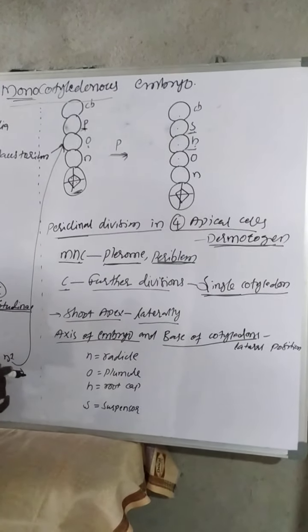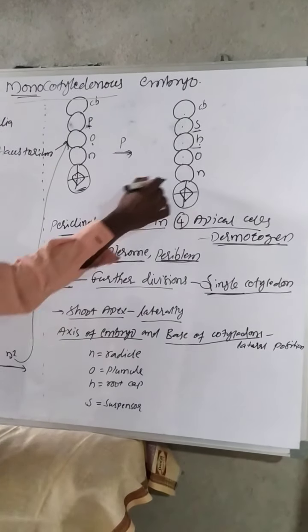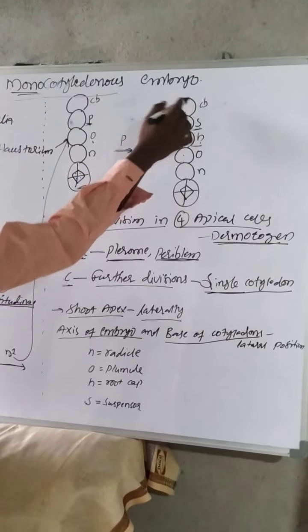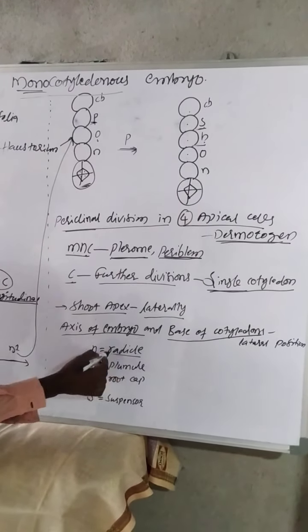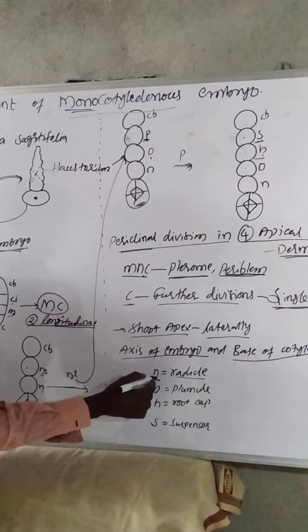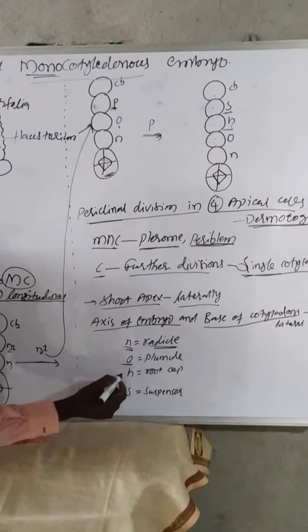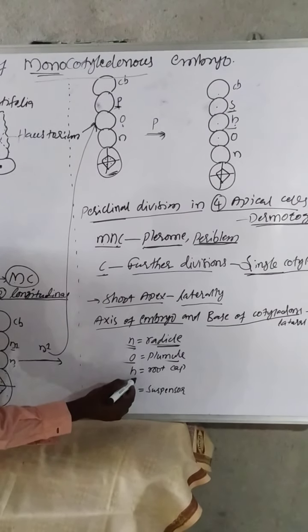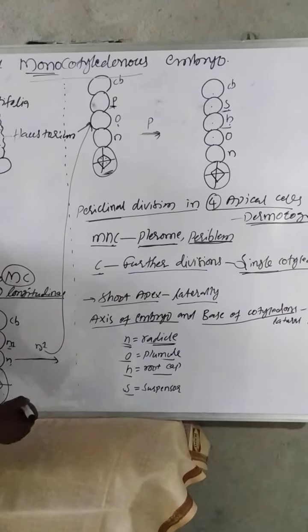Among the remaining cells, N, O, H, S, we are discussing: when the seed germinates, the N cell forms the radicle, O the plumule, H the root cap, and S the suspensor.